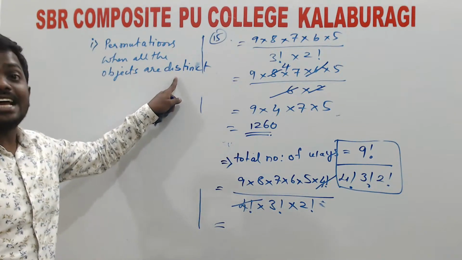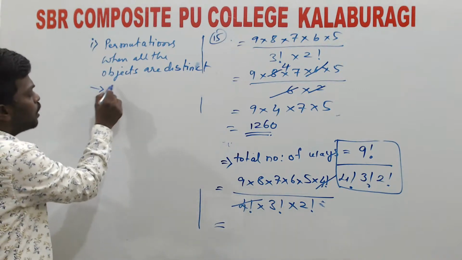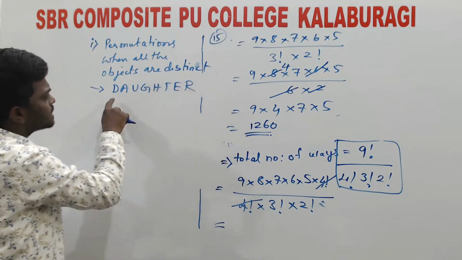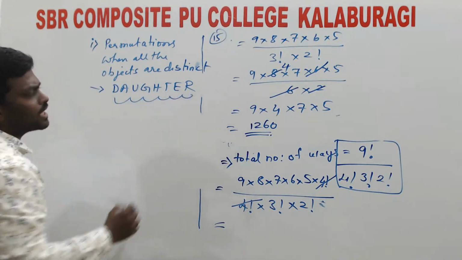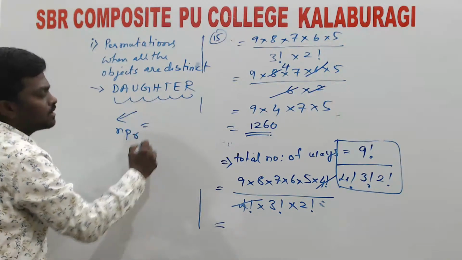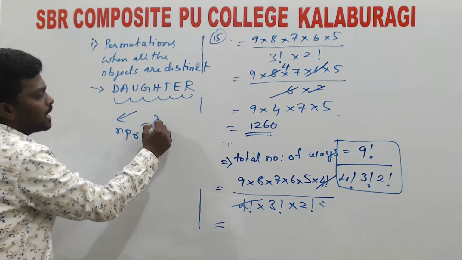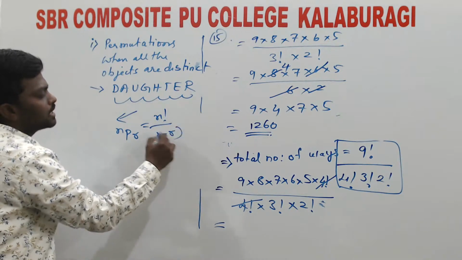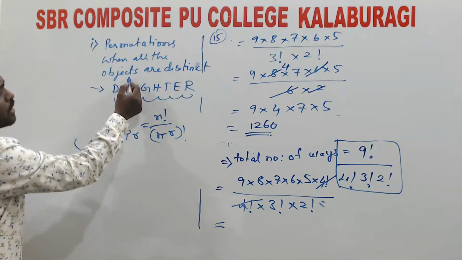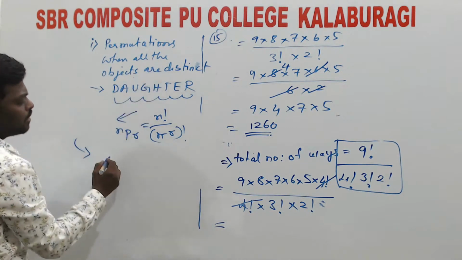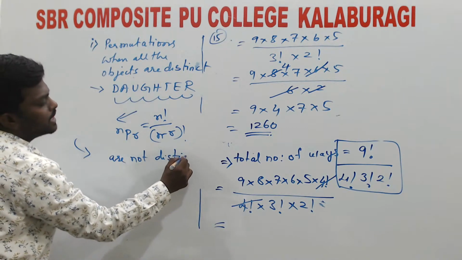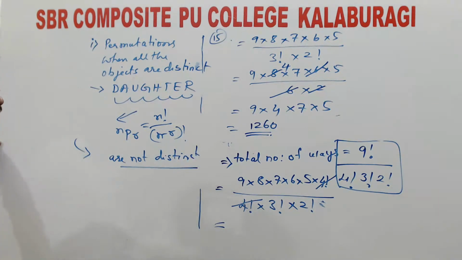So when all the objects are different, as in case of daughter we saw, all the letters occurring in daughter are different. So for that, what kind of arrangement? NPR. Okay. So NPR, n factorial by n minus r factorial. Yes, students. So now, permutations when all the objects are not distinct, we came across two formulas, right?